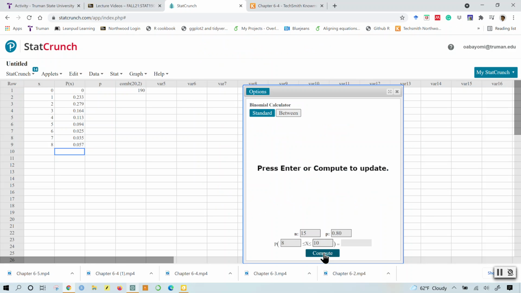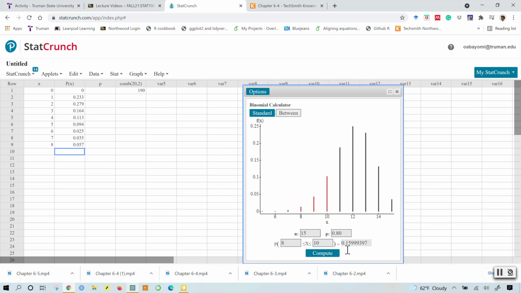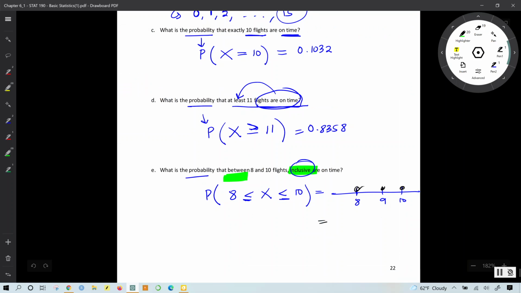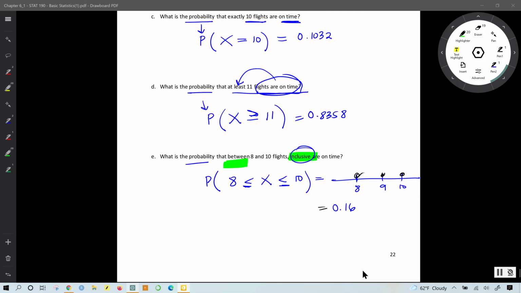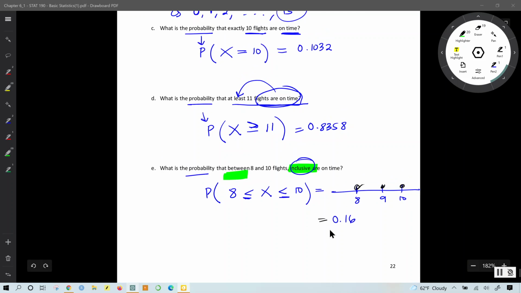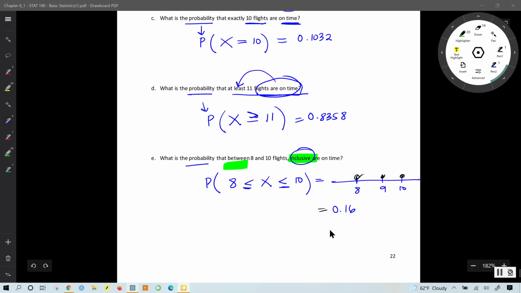So we can compute. So this is 0.1599999. This is approximately 0.16. So this is equal to 0.16. And with that, we've come to the end of this video.